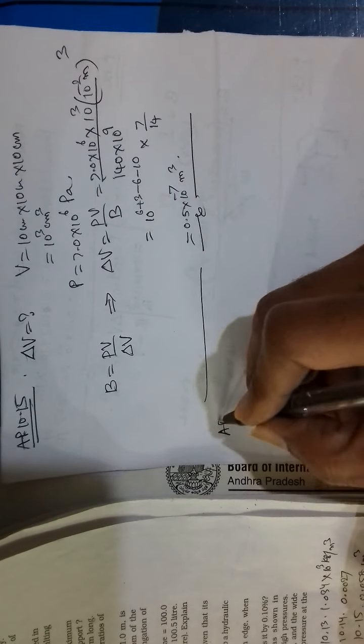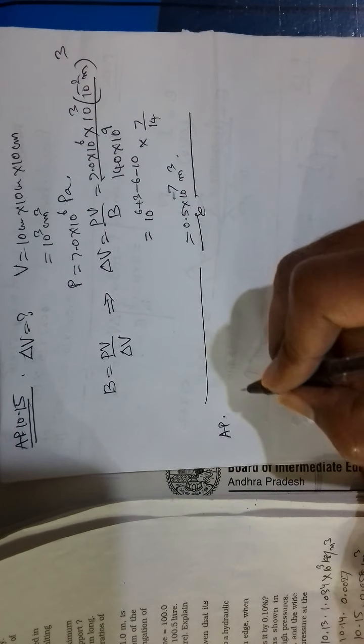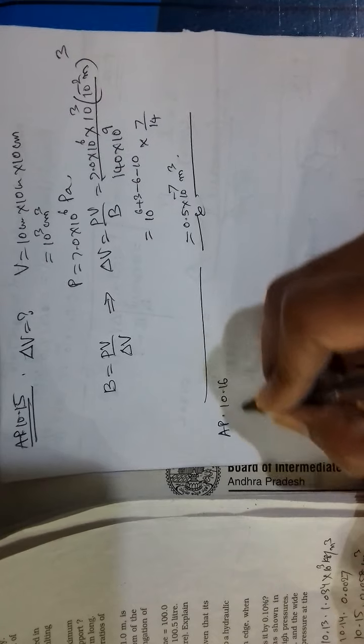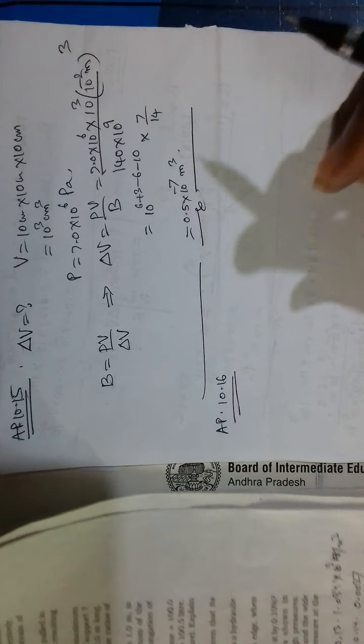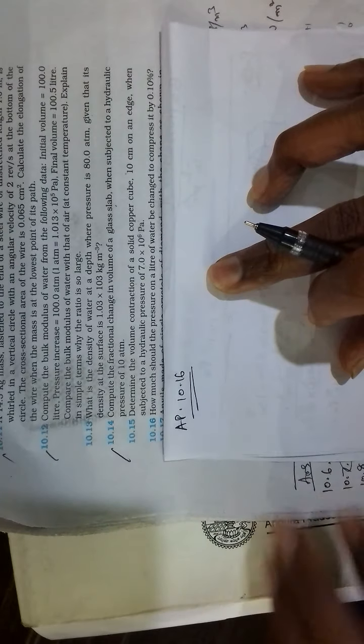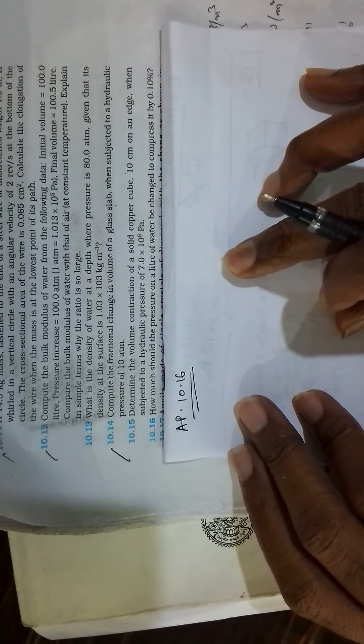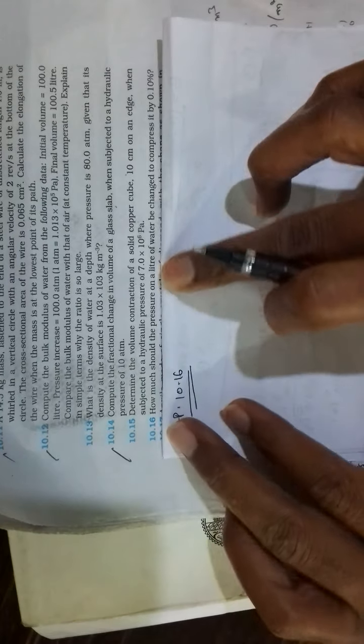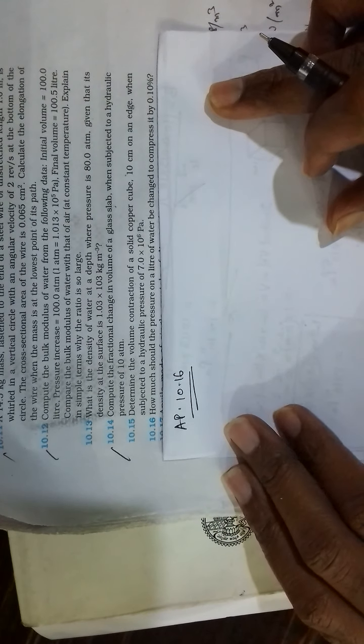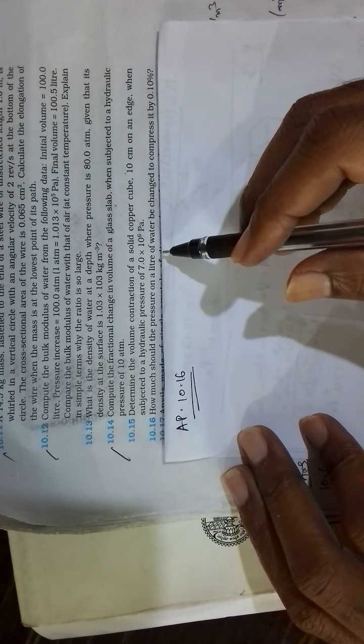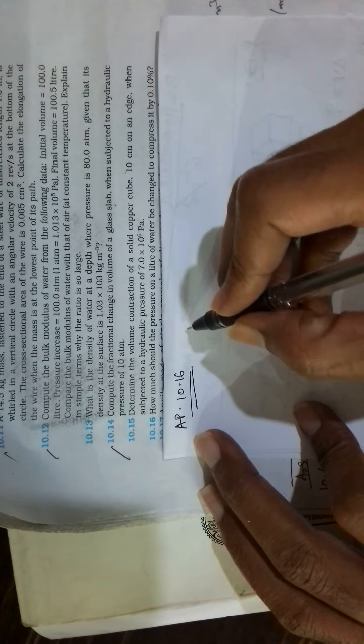Now let us look at 10.16. How much should the pressure on a liter of water be changed? See, a liter of water, this must be initial volume.